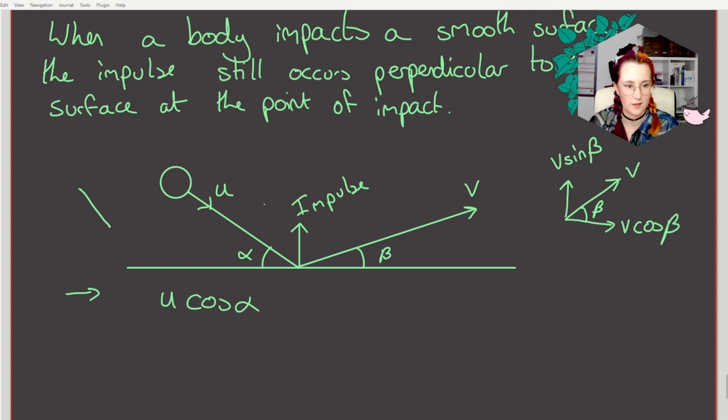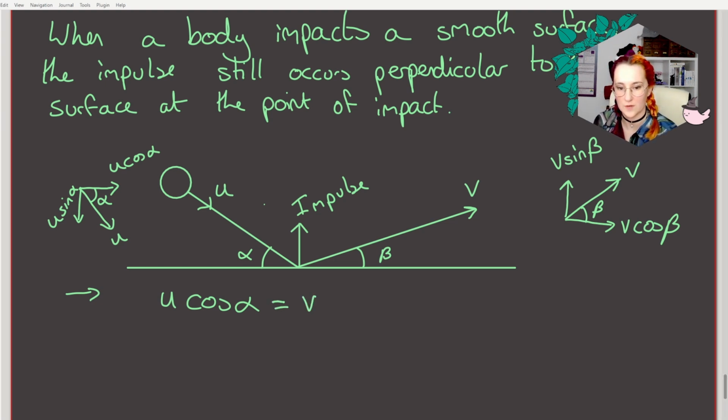And the same over here, where we have u at angle alpha, so that's u cos alpha, u sine alpha. Okay, recap on trig for that one. But yeah, so the horizontal motion is our cos values, and then that's v cos beta.